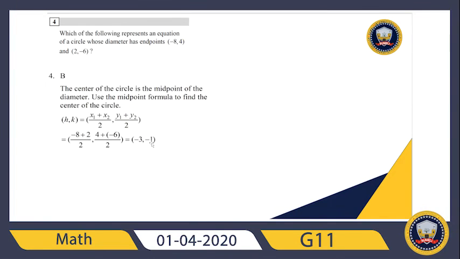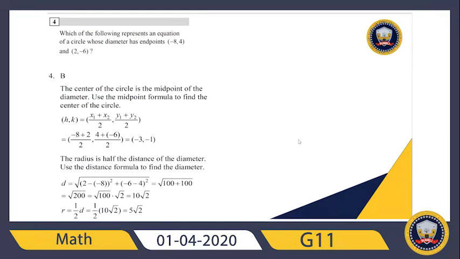So now I have to find the radius of this circle. How do we find it? The radius is half the diameter. So we use the distance formula to find the diameter. Let's take these 2 endpoints and find the distance between them.